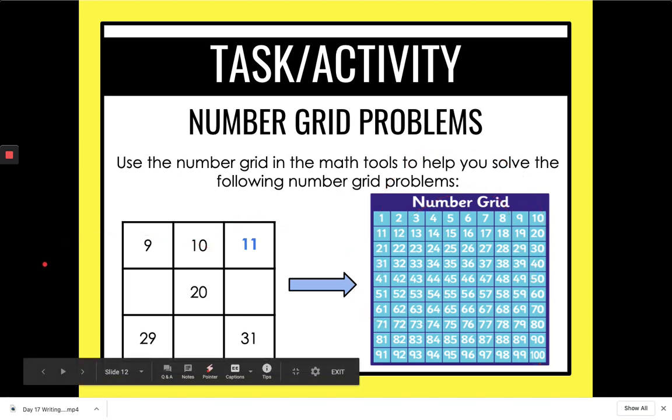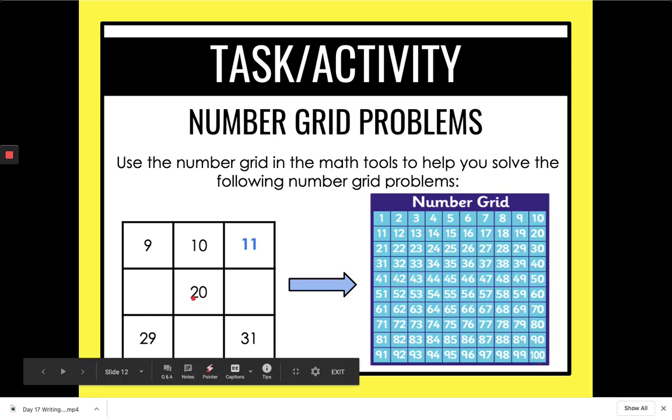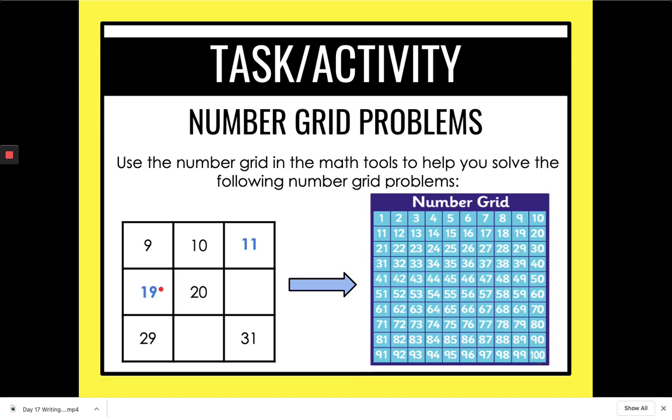So the first thing that happens is 10 plus 1 is 11. And then I have to think, what comes before 20? 19. Or I could say 20 minus 1 is 19. And then I have to think, 20 plus 1 is 21.